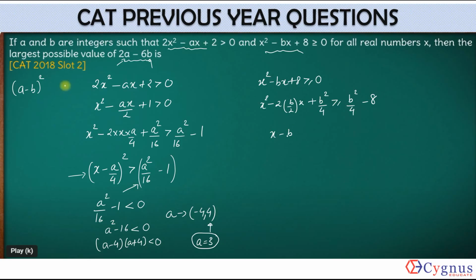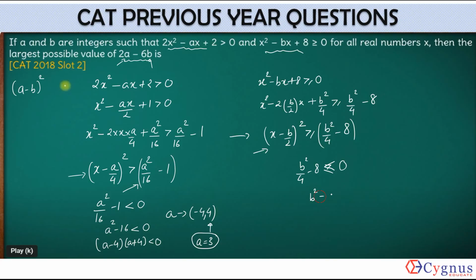This becomes (x - b/2)² greater than or equal to b²/4 - 8. Again, this will hold true when this side would be either equal to 0 because there is a sign of equal to. So b²/4 - 8 should be less than or equal to 0. In that case, this will always hold true. So let's find out the possible values of b from here.